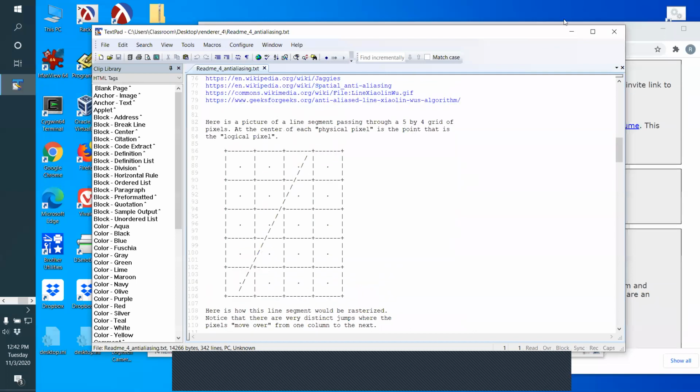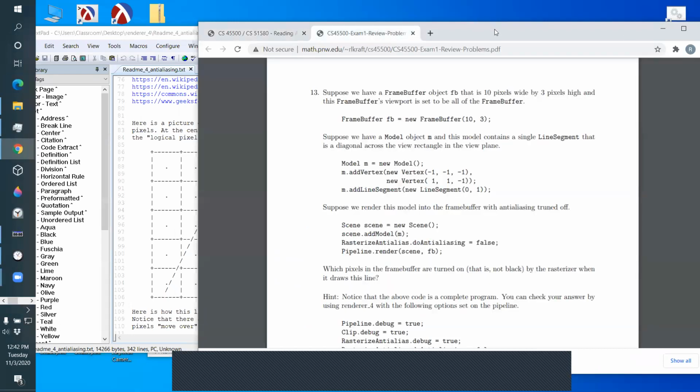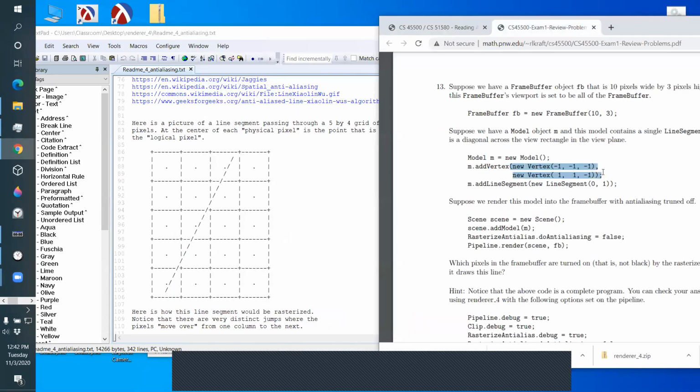Let me get the problem up. Okay, so you've got this line segment, and notice it goes from -1, -1, which, if it was in the whole viewport, would be the lower left-hand corner, up to 1, 1, which is the upper right-hand corner. So it's going diagonally across the clipping window, the projection window.